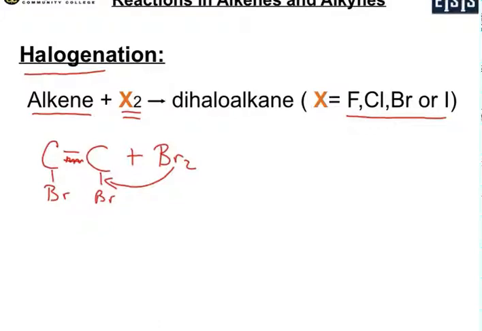And so you end up very similar to hydrogenation, only now you're going to end up with a dihaloalkane. You're going to have a single bonded carbon, but it's going to have two halogens on it. And again, remember, this doesn't work with alkynes. The bromines aren't, let's say, reactive enough to break the triple bond. So this is just an alkene reaction.